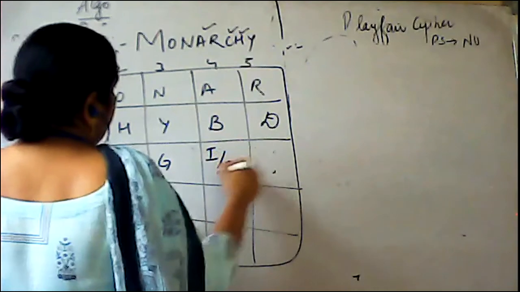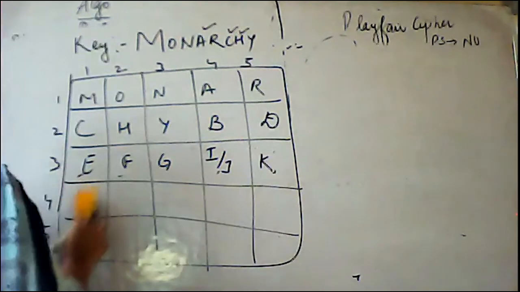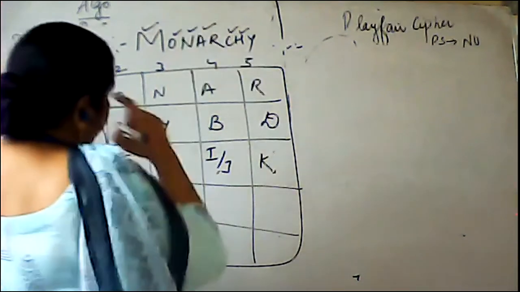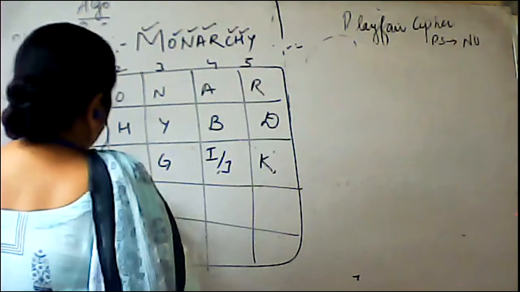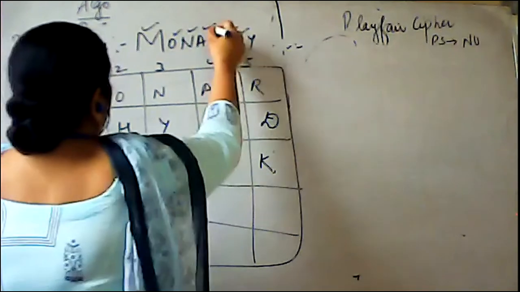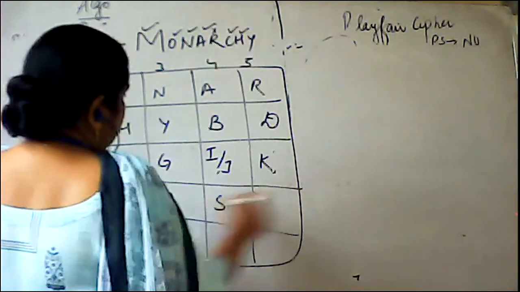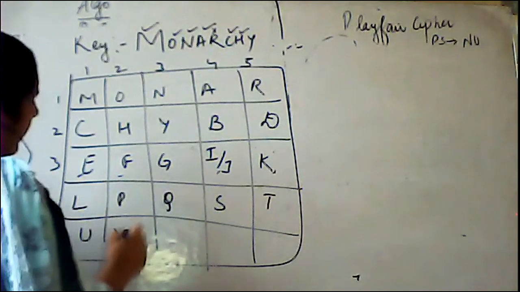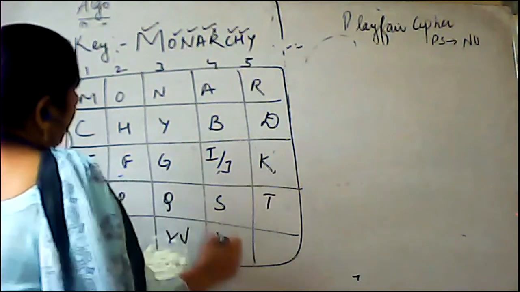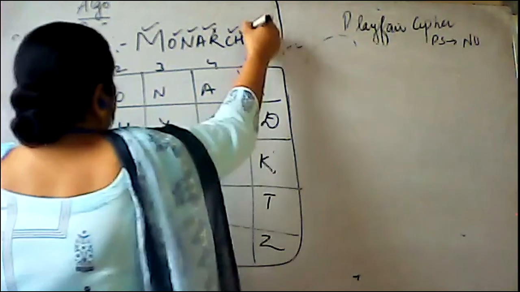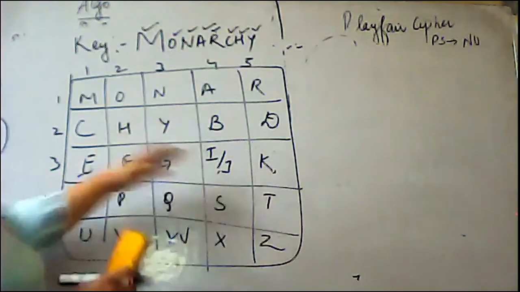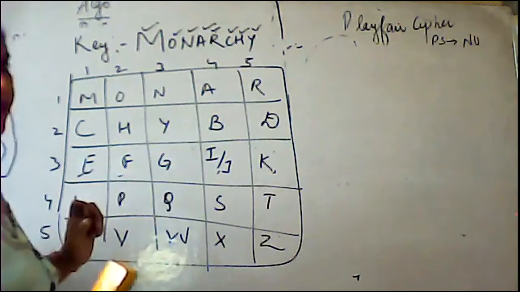I, J, K, write L, M completed, N completed, O completed. P, Q, don't put R, S, T, then U, V, W, X, and Z. So these are all covered. See, MONARCHY, then completed with the rest of the alphabets.